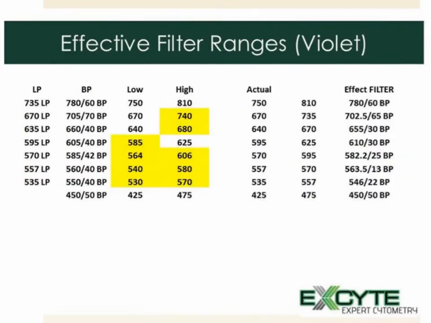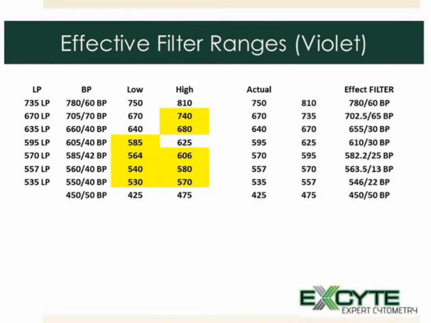Interestingly enough, if we focus on the violet laser for a minute, as shown here, we start to see that the effective filter on this instrument is not the filter that you see published, but a combination of the filters in front of and behind that PMT, which can reduce the effective range of the filter, therefore changing what fluorochromes can be measured by that filter, as well as what fluorochromes may cause spillover and loss of resolution into that channel.